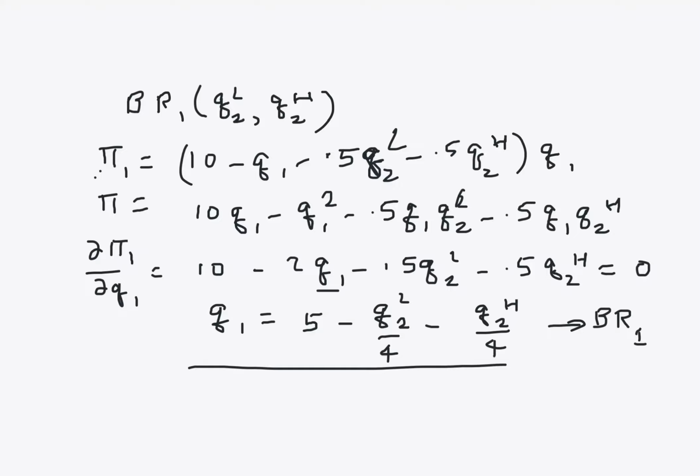So the best response function of the low cost type of firm 2 depends on the quantity produced by firm 1, right?